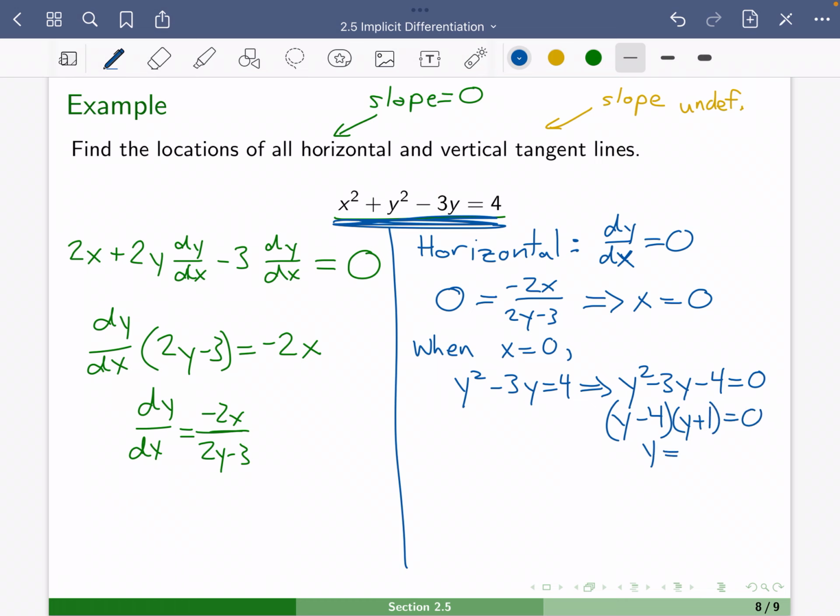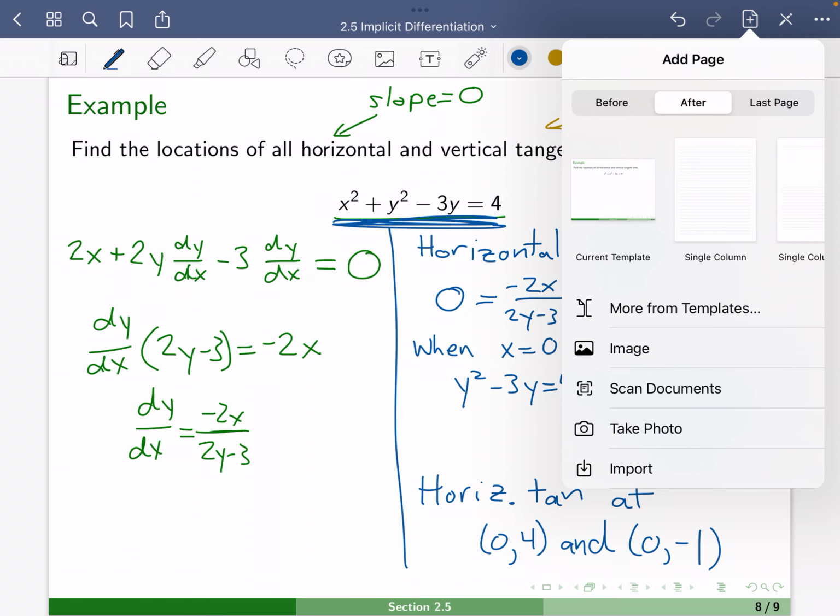So y is equal to 4 or negative 1. And so we have a horizontal tangent at the points (0, 4) and also (0, negative 1). Those are the locations of our horizontal tangent lines.